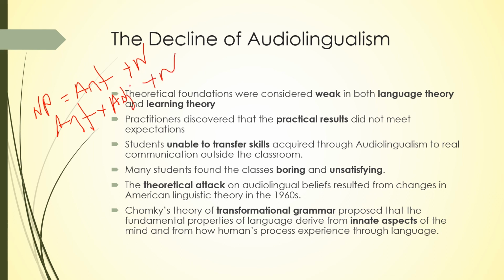So these are the structures of noun phrases. If one learner learns some structures like these, article plus noun, or article plus adjective plus noun, he or she will have a better idea. He or she will be able to produce more sentences and more elements in language. So the development of those theories helped to decline this particular method.